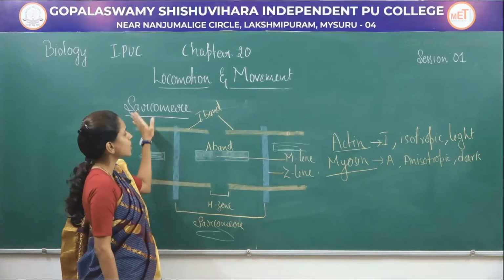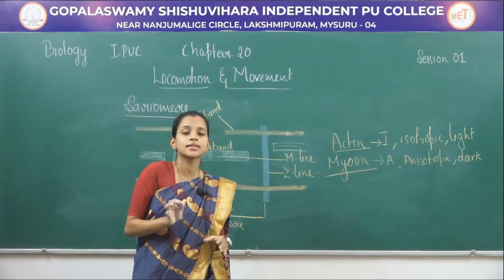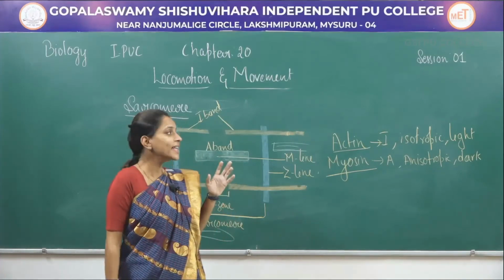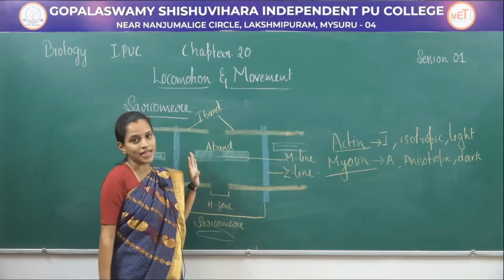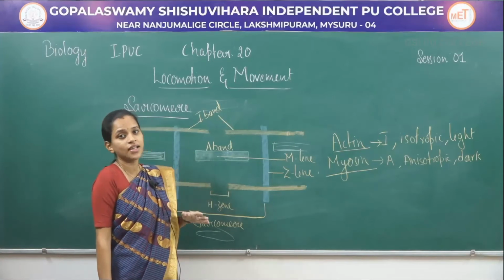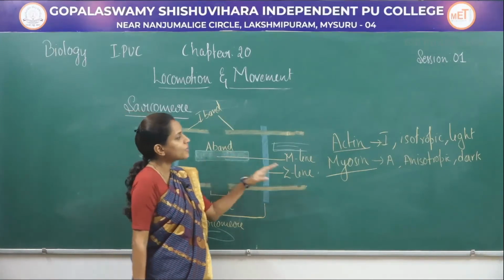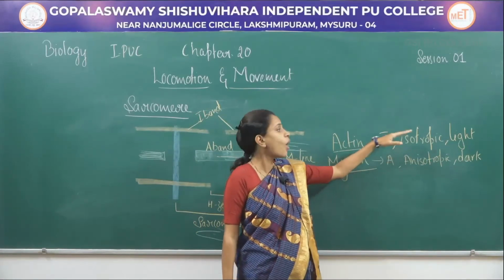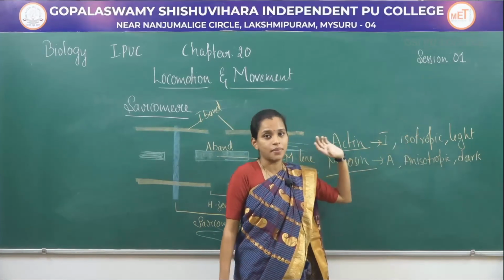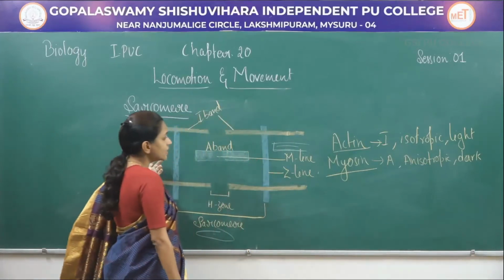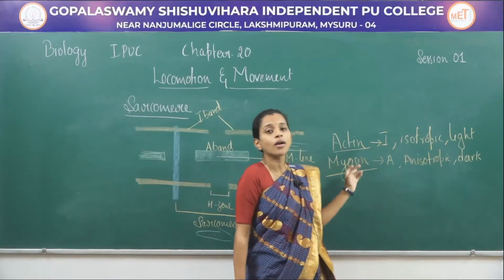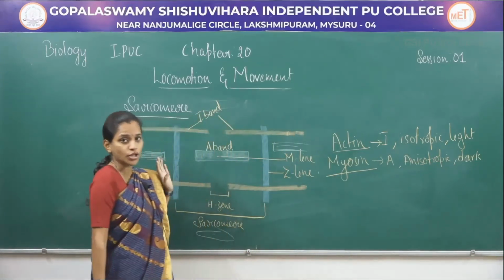Sarcomeres are the structural and functional units of skeletal muscles. They include dark and light bands present alternately. The light bands include actin molecules and are also called I bands, isotropic bands, or light bands. The dark bands are A bands, anisotropic bands, having myosin molecules.